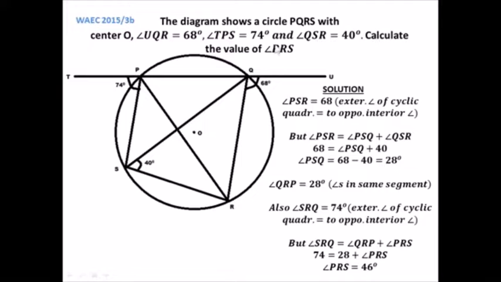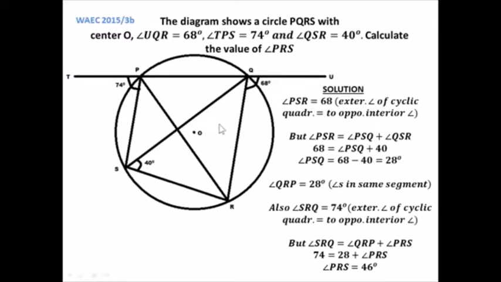You are asked to calculate the value of angle PRS. This small angle that is here, you have to find, using the information given to us in this circle geometry.